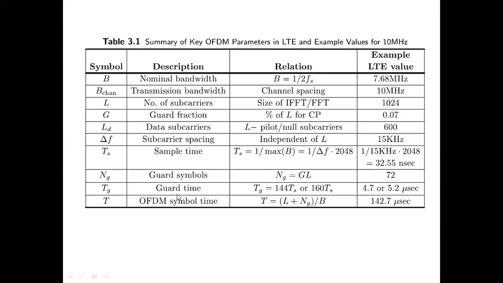One OFDM symbol, which will contain several samples of 32.55 nanoseconds each, is around 142.7 microseconds. That is the OFDM symbol time, out of which 5.2 or 4.7 microseconds are overhead for the cyclic prefix.